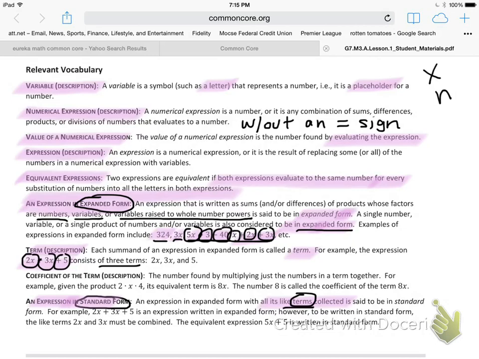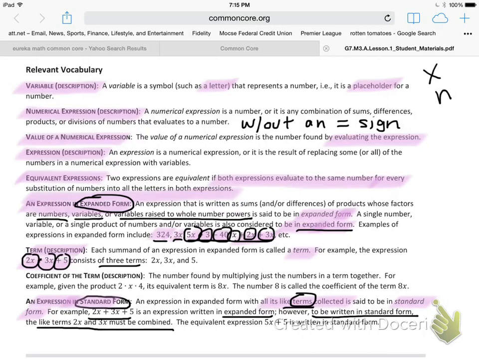So an expression in expanded form with all its terms collected is said to be in standard form. For example, this expression 2x plus 3x plus 5 is written in expanded form, as pretty much everything is. However, to be written in standard form, the terms 2x plus 3x must be combined.